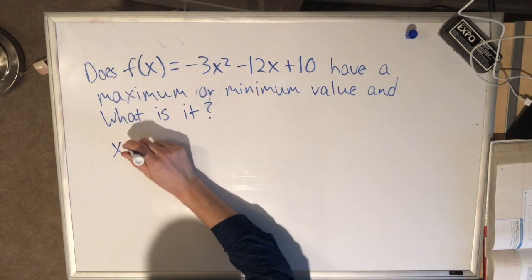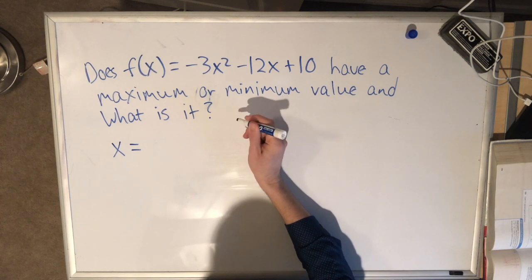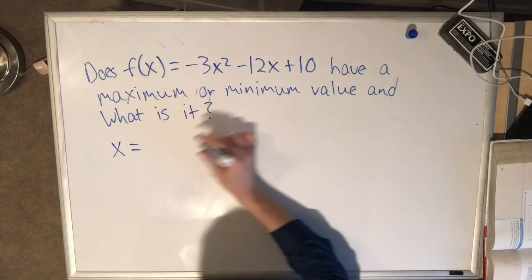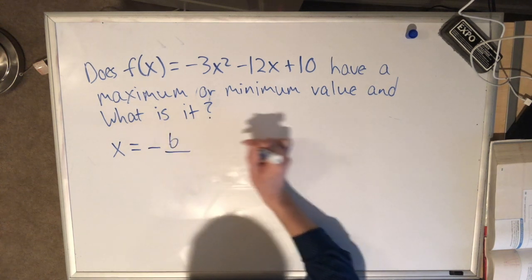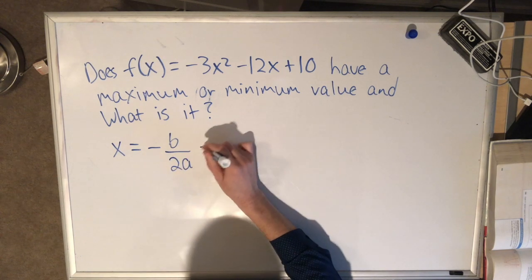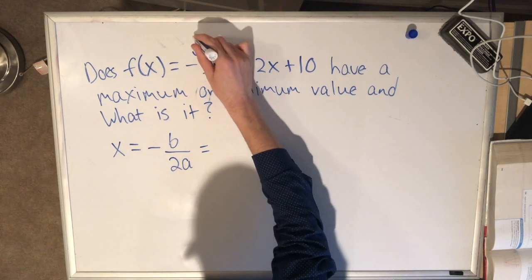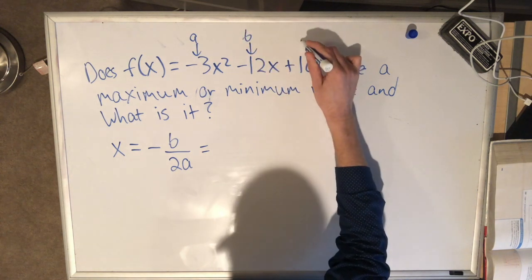First, find the axis of symmetry, or the x-coordinate of the vertex. That's obtained by using the formula x equals negative b over 2a. Remember, a is the coefficient of the variable squared term, b is the coefficient of the variable term, and c is the constant.